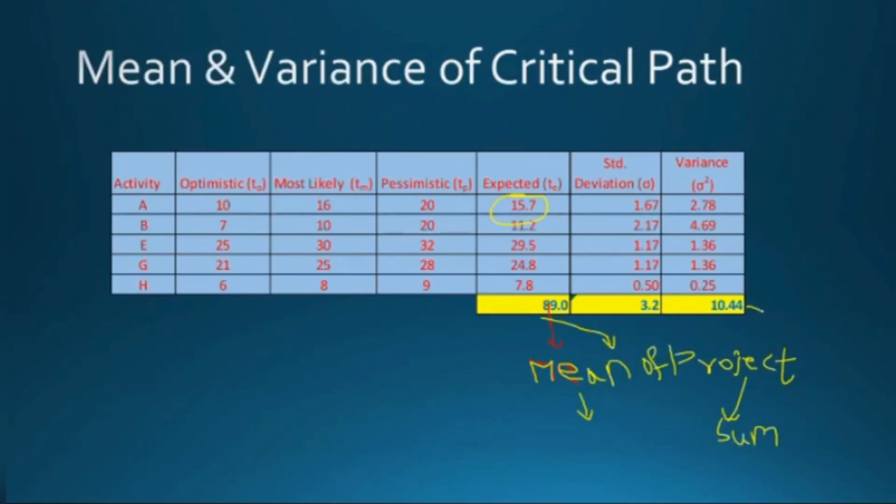This is the variance of the project, or variance of the sum. That is the second statement in the central limit theorem.